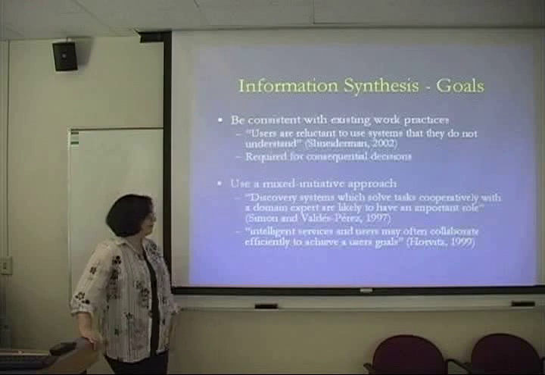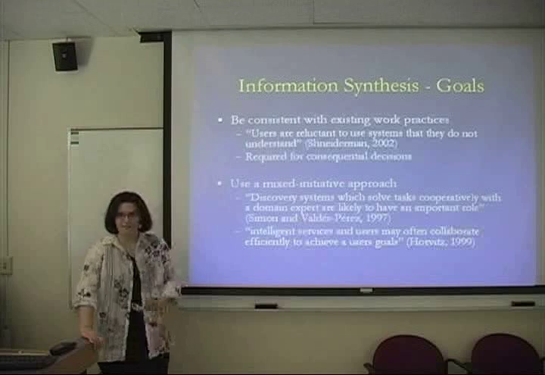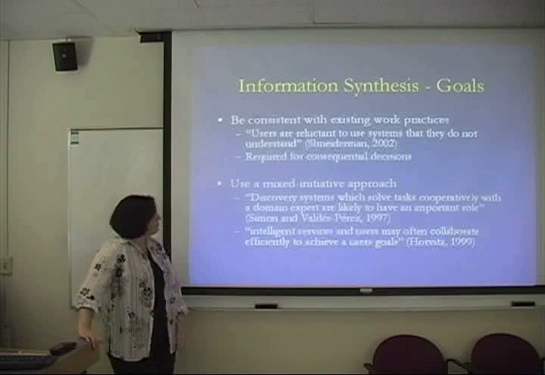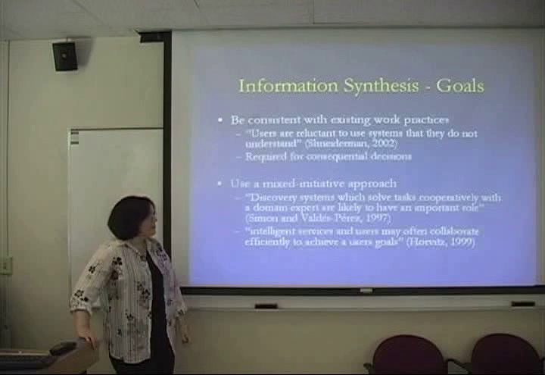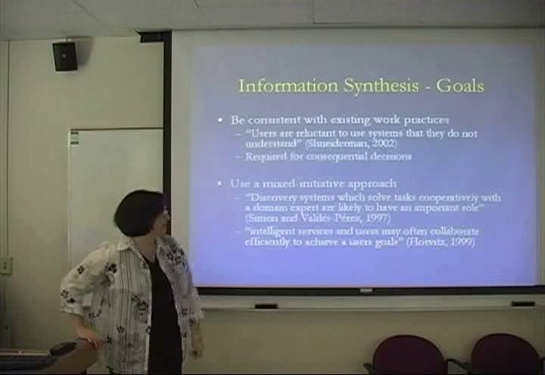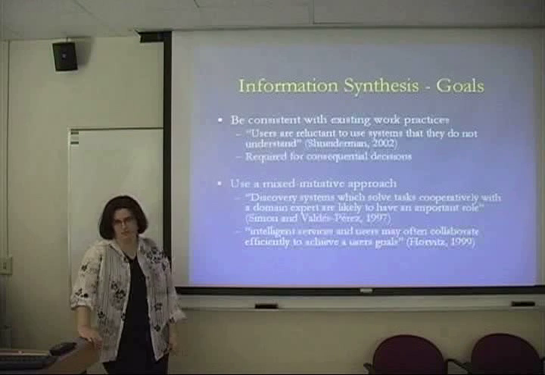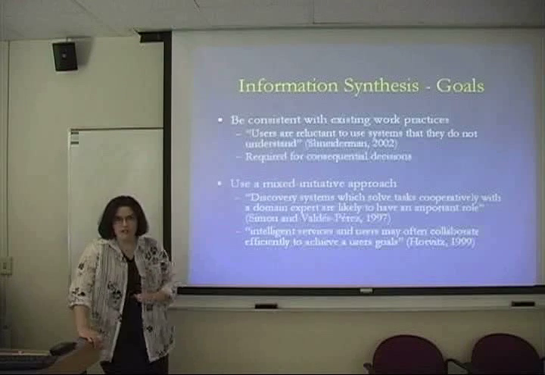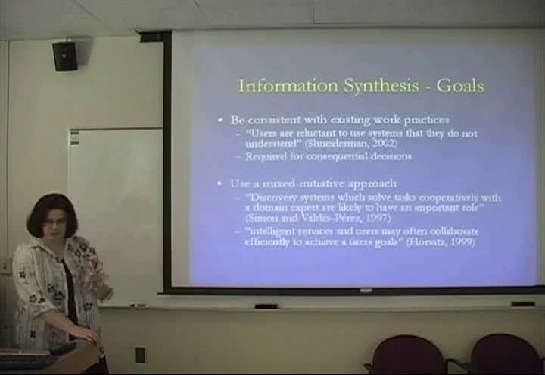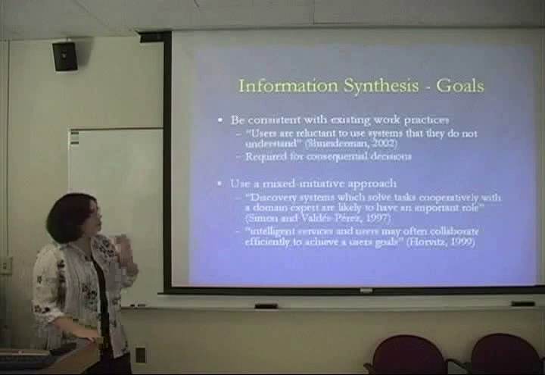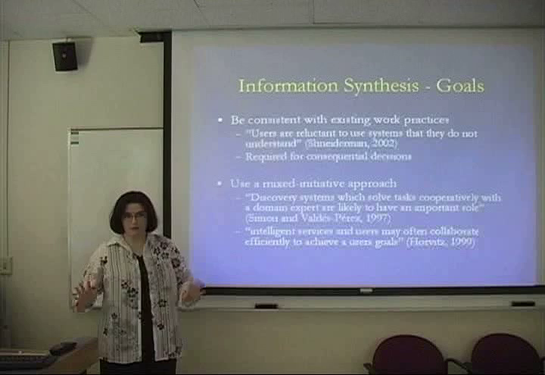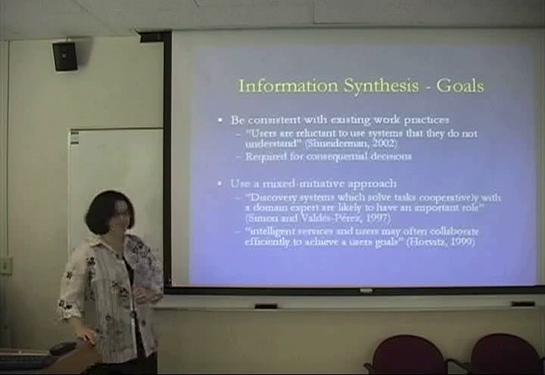Herbert Simon, who's undoubtedly one of the leaders in artificial intelligence, wrote in one of his last papers that discovery systems which solve tasks cooperatively with a domain expert are likely to have an important role. So the notion here is not that we're going to automate discovery. The notion is that we're going to collaboratively work with a domain expert in order to explore the possibility of results that are out there.